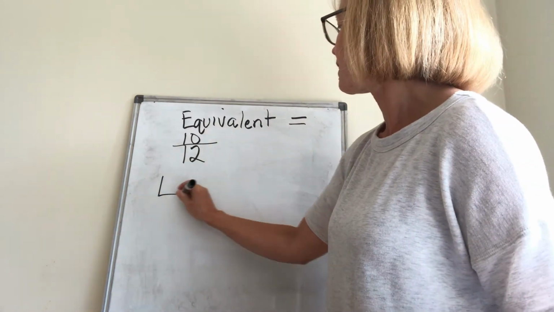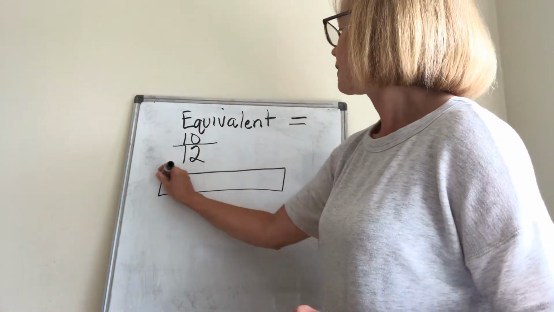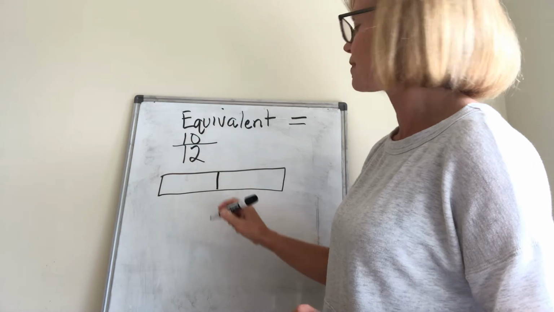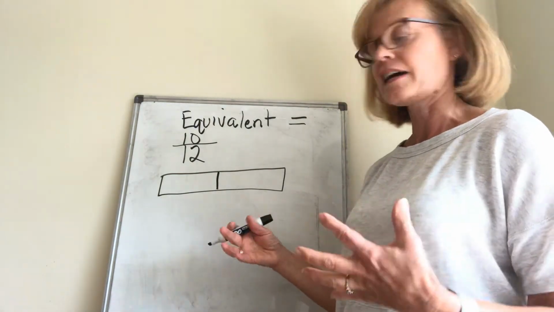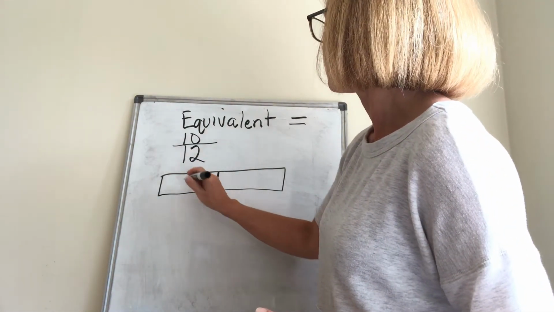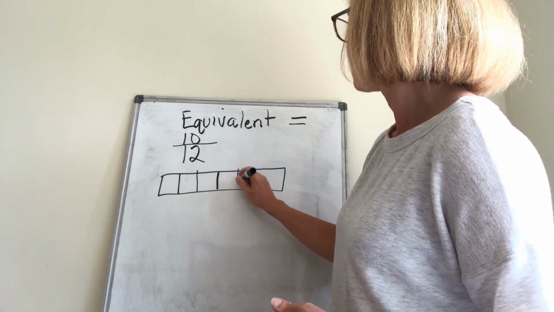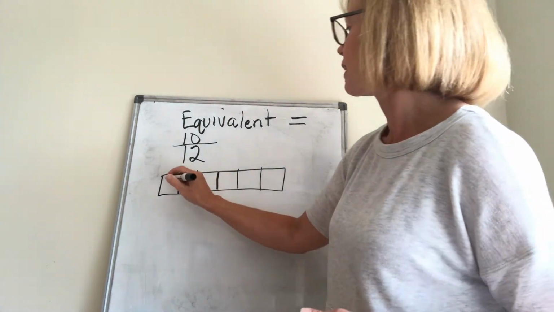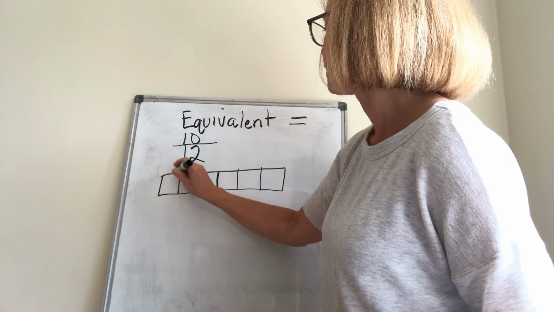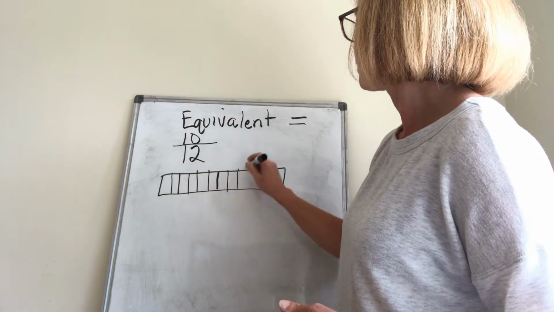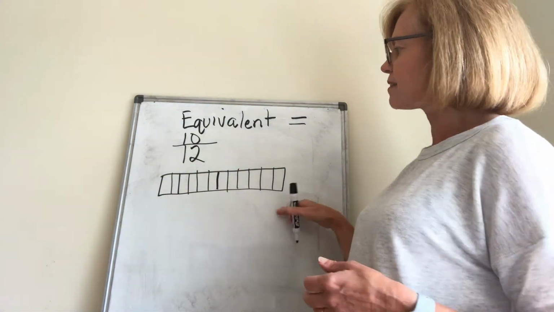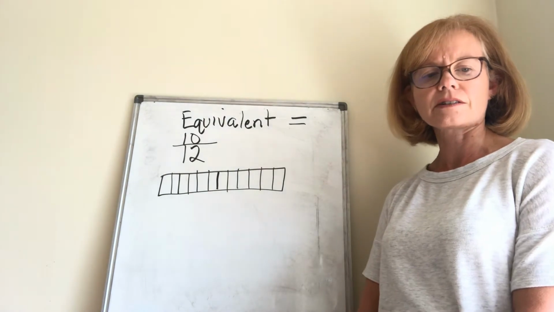So let's take a look at a fraction here. Let's make a model of what this looks like. So now I've divided this into 12 parts.